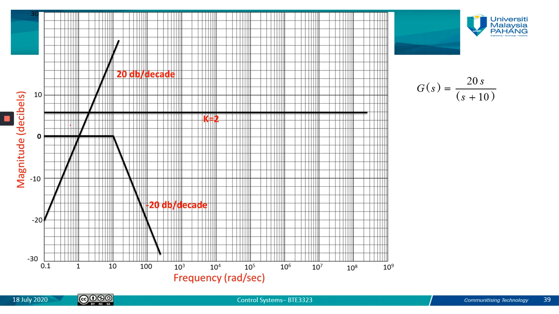This is for the factor, which is 6 dB. This is for the gain at k equal to 2. This one is for the 20 dB plus 20 dB per decade. This one is for the integral, derivative, 0, or 0 at origin.